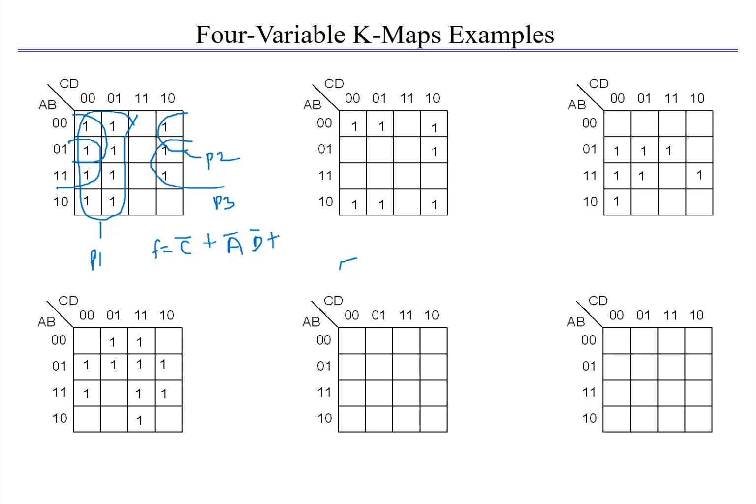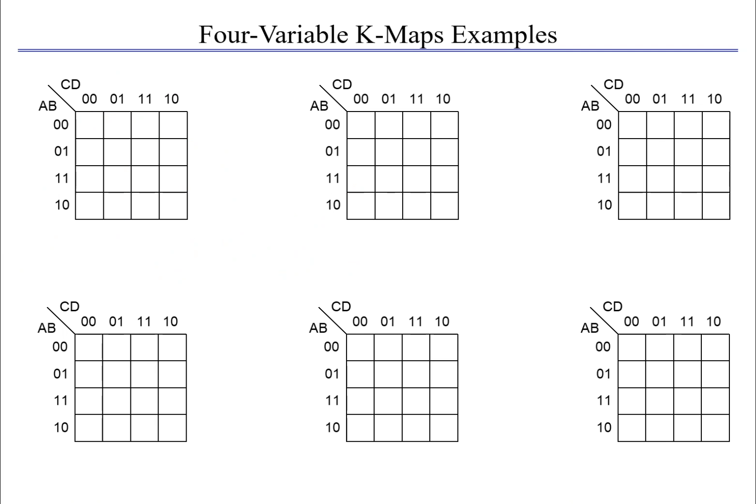For product P3, we need to combine these 4 ones. For A and B, B is common here, and for C and D, D bar is common. Hence we need to write it as B D bar. So this is the simplified Boolean expression for the given 4 variable K map. Similarly for the remaining combinations we need to find our simplified Boolean expressions.